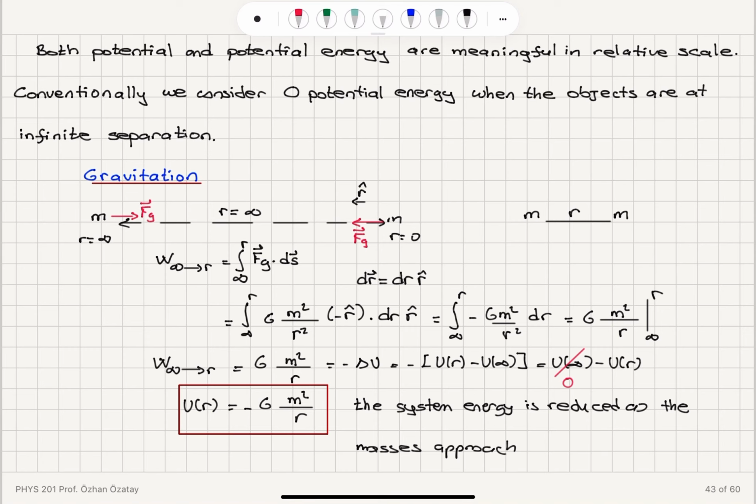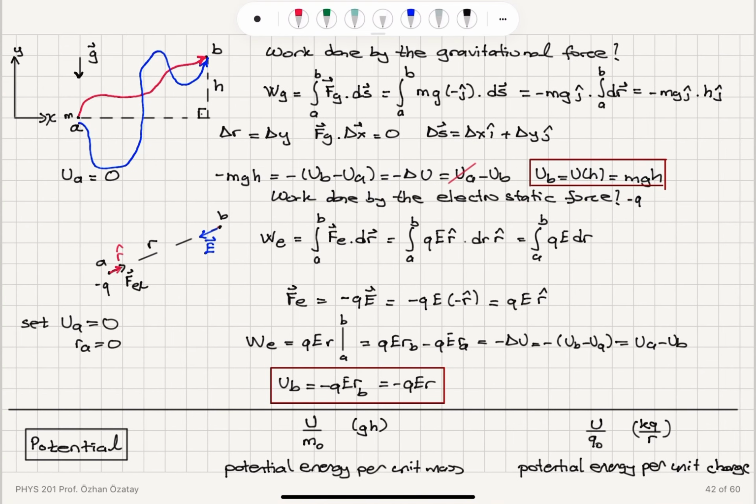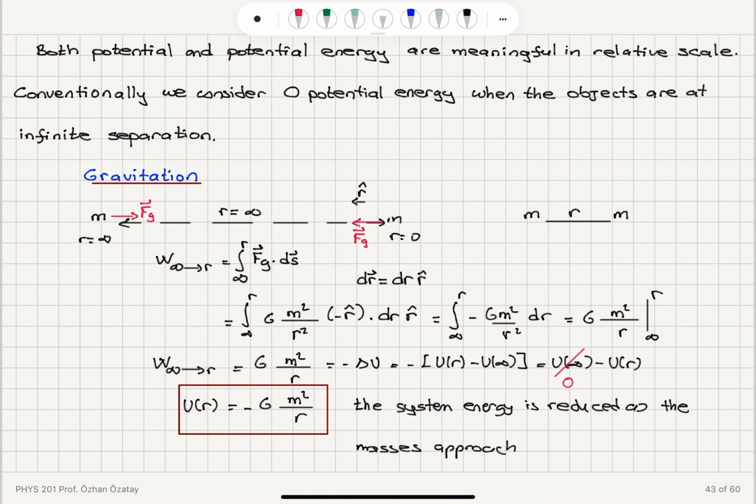And they're both meaningful in relative scale, and I have shown that when I change my reference point from point A to a point at infinity, the potential energy at a distance r for two masses is minus Gm squared over r. Now you can see that the potential will be minus Gm over r here.